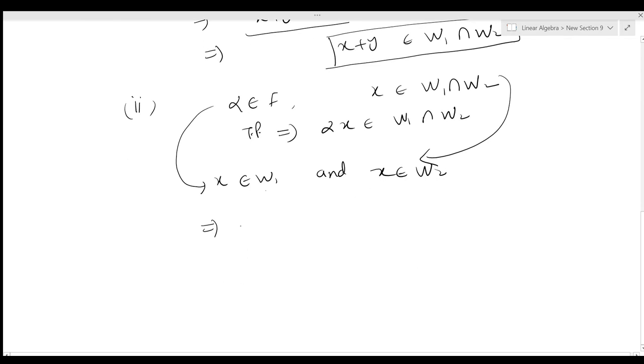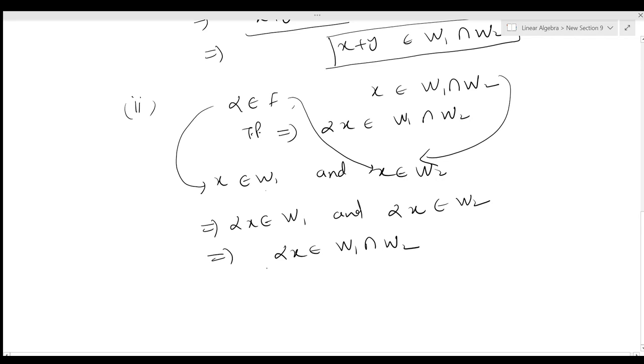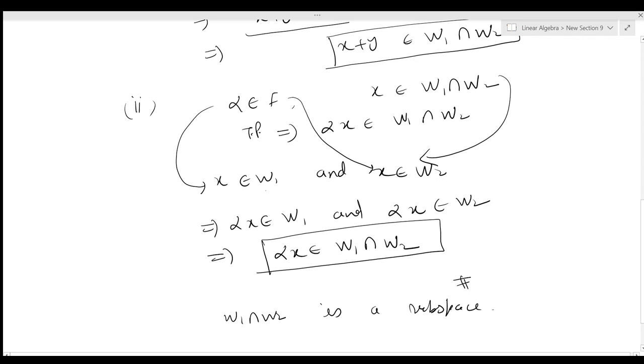This implies alpha x belongs to W1, and from here, alpha x belongs to W2. So again we can write alpha x belongs to W1 intersection W2, which means the scalar multiplication part is also verified. That means we can say that W1 intersection W2 is a subspace. So the intersection of two subspaces is a subspace.